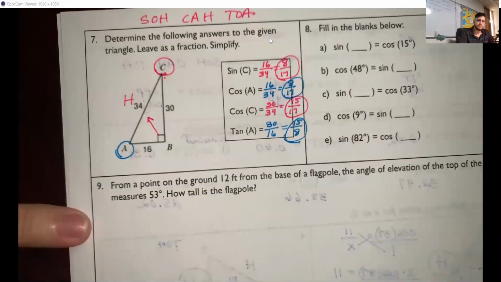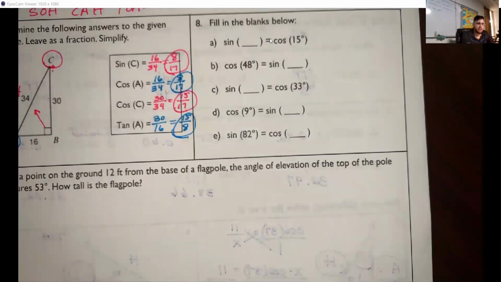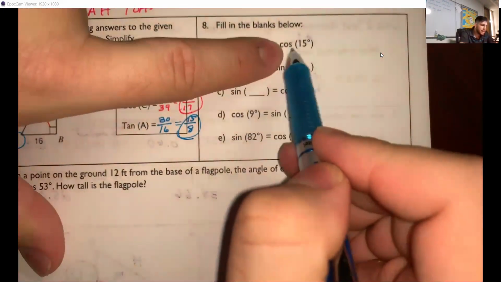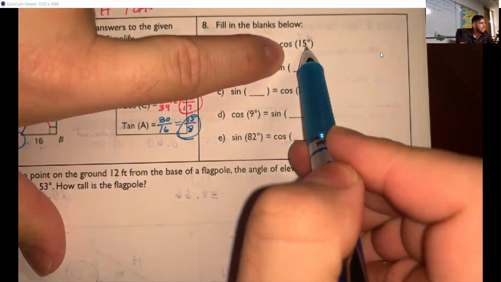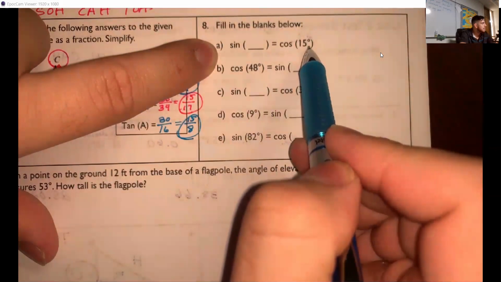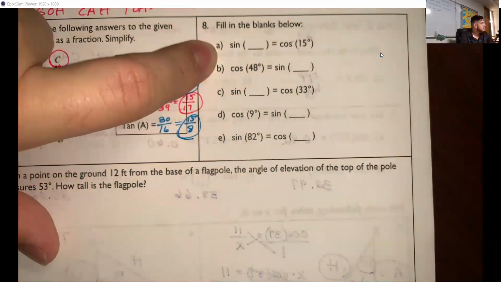All right. And now for number 8. Do you guys remember how to even go about this one? Subtract by 90. Exactly. The cosine of this angle is the same exact thing as the sine of whatever this minus 90 is, right? So 90 minus 15, I can do that in my head, 75, right?